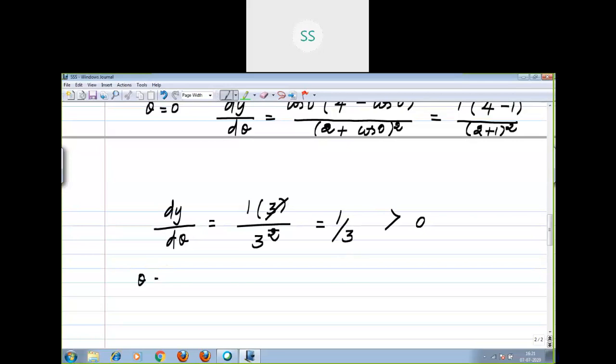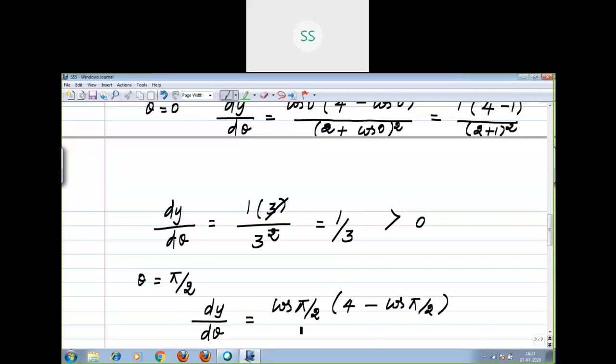Next, theta is equal to pi by 2. When you substitute theta is equal to pi by 2, how will it act? dy by d theta equal to cos pi by 2 into 4 minus cos pi by 2 divided by 2 plus cos pi by 2 the whole square, right?